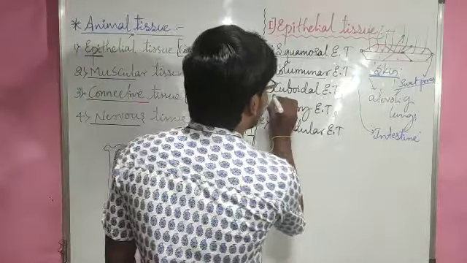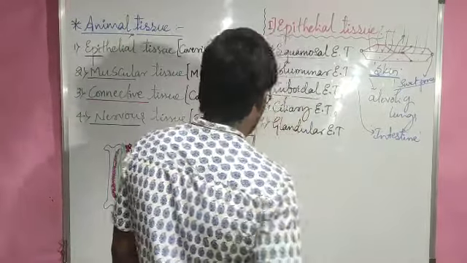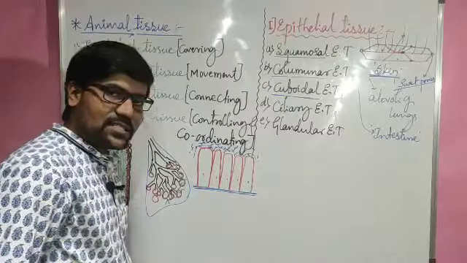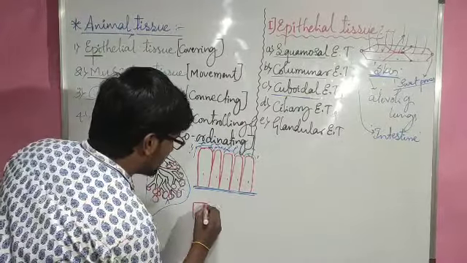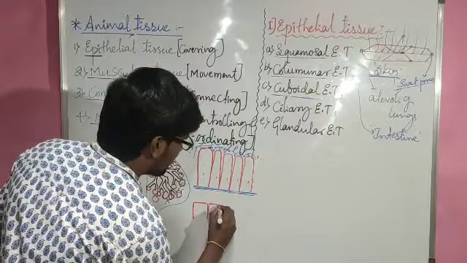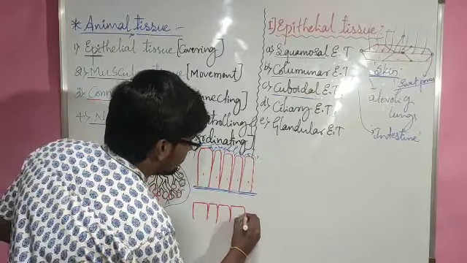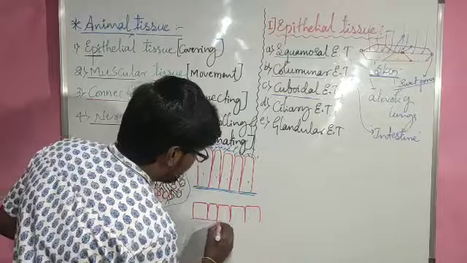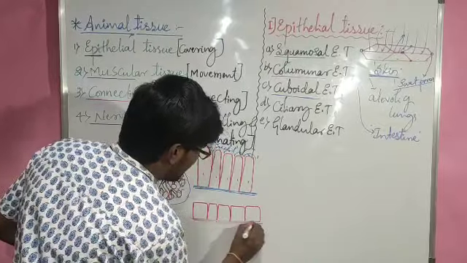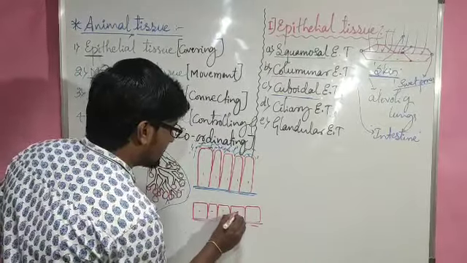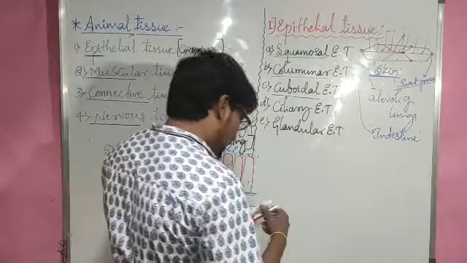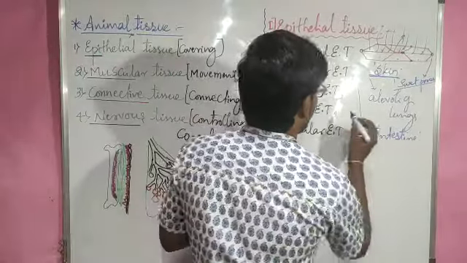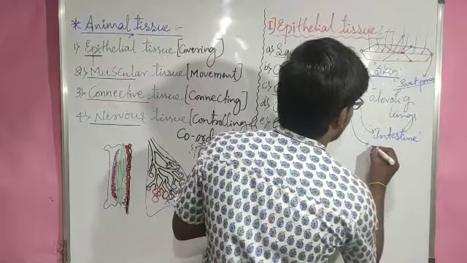And in the same way, if we consider cuboidal epithelial tissue, the only difference is that here I am talking about the shape. Here the cells are present in a cube shape. As usual, they are covered by the fibrous layer, and the cells are in a cube shape. This kind of cells we are going to observe in the case of glands.